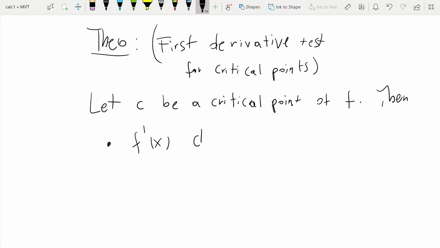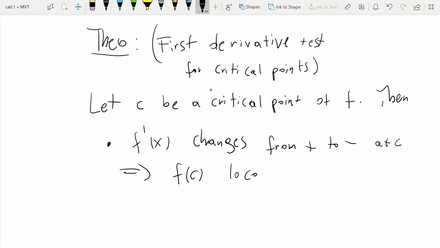If f prime changes from positive to negative at c, so one side of c is positive, then for slightly higher values than c it is negative, then we have a local max.